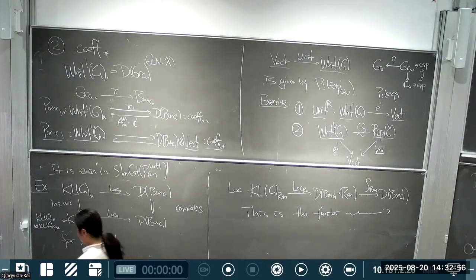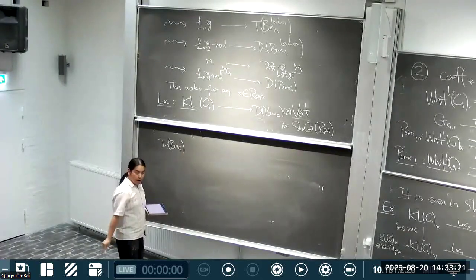So now let me define what this coefficient functor is, and I will say more words about it. Now we consider the Whittaker combination. It's similar to what we did before.